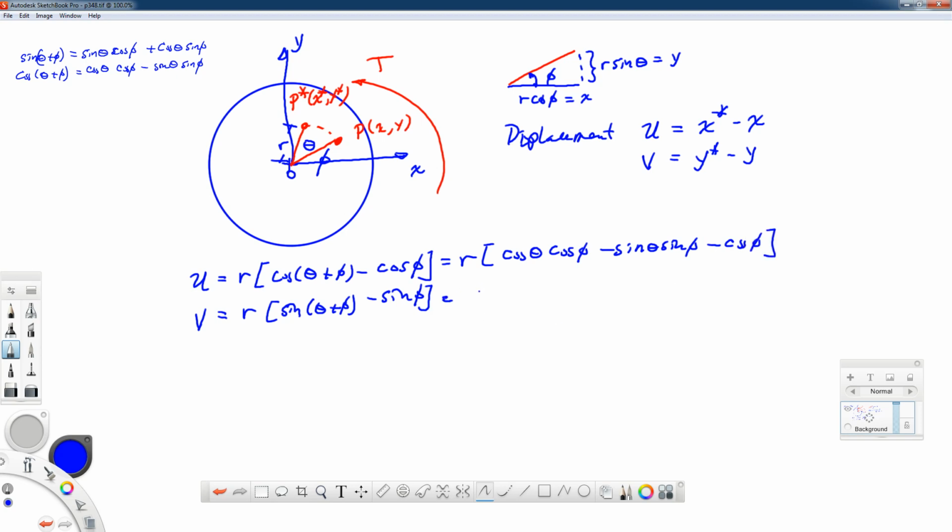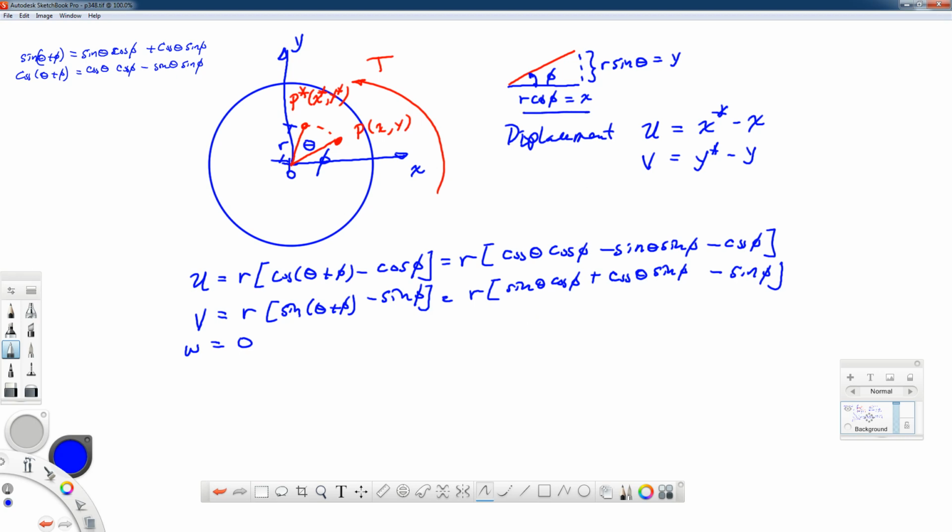And for the v, r times sine theta cosine phi plus cosine theta sine phi, minus sine phi. Now the w displacement is 0, since the bar we've assumed is inextensible, doesn't get longer in that direction.